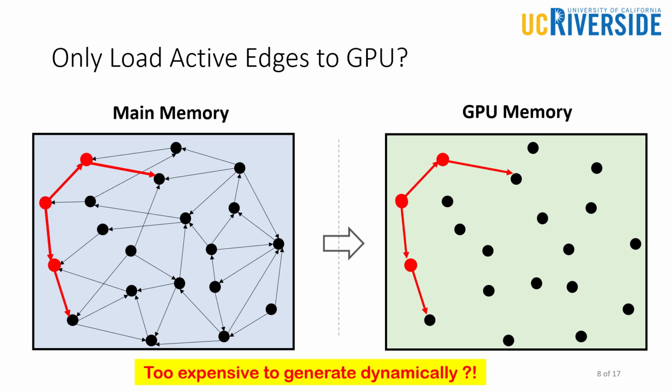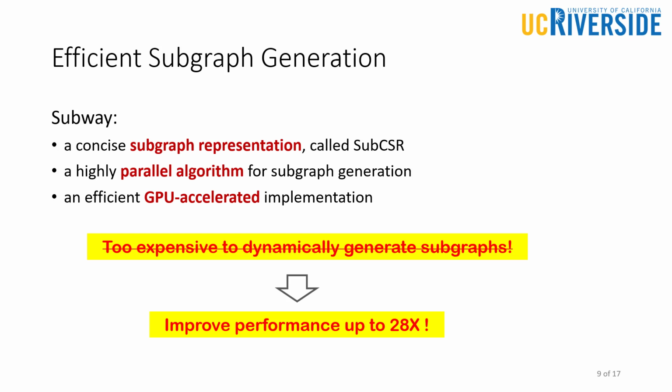Essentially, this requires extracting a subgraph from the original graph. As the active parts of the graph change over iterations, the conventional wisdom is that the subgraph is too expensive to generate. In this work, we challenge this conventional wisdom and demonstrate that the active subgraph can be efficiently generated with a group of novel techniques.